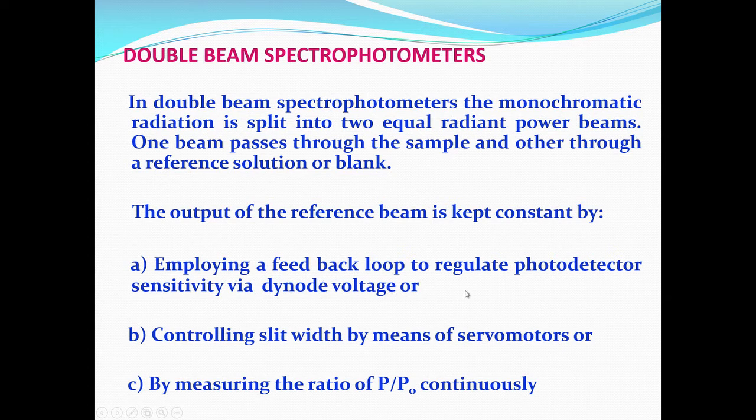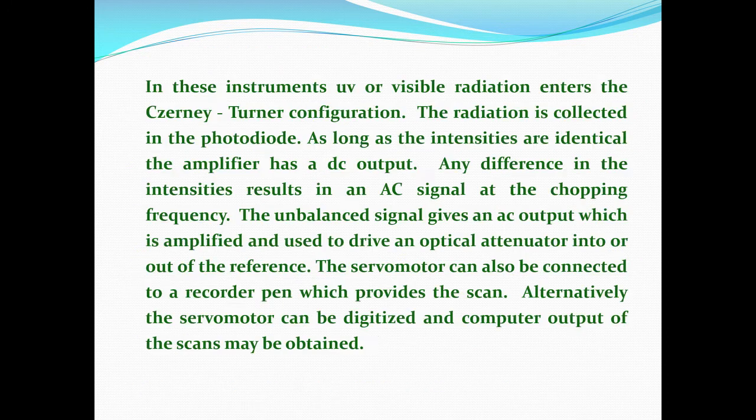So, employing a feedback loop to regulate the photo detector via diode voltage, I can do that, or controlling the slit width, I can control the slit itself by using a servomotor to increase or decrease the incoming light, and I can always measure the ratio of the transmitted light and initial light, the electromagnetic radiation, continuously. These are some of the advantages of double beam instruments.